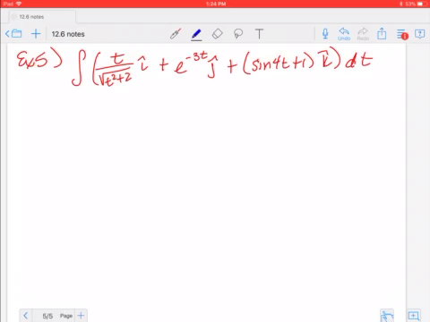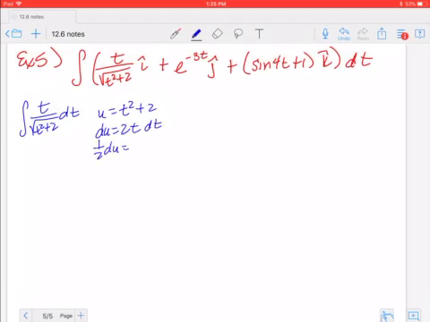So the first one that we're going to integrate here is t over the square root of t squared plus 2 dt. Well, let's do a little u sub action, because remember, your go-to method anytime you want to integrate is u sub if at all possible.